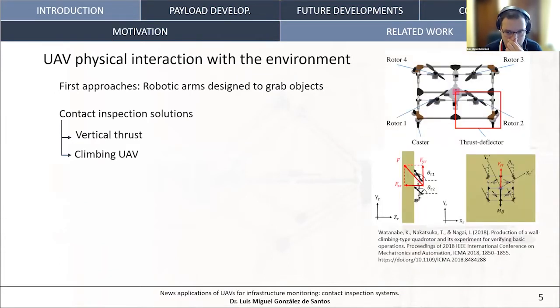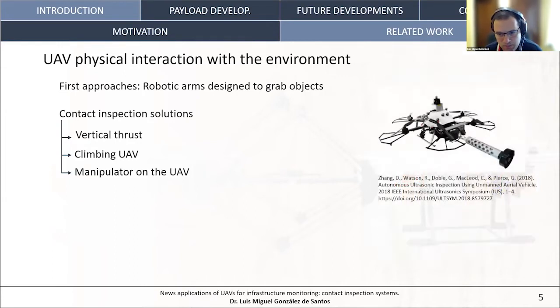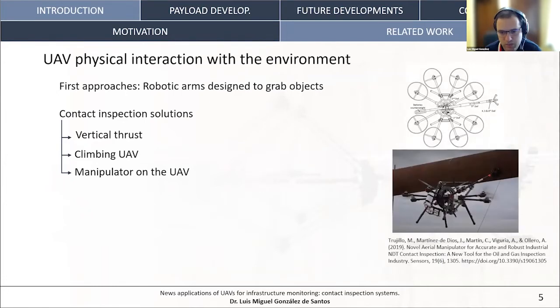But the most common solution is the installation of a manipulator in the UAV with systems as simple as this one, which is composed by one linear passive joint, and other more complex systems as this one, with a manipulator with 6 degrees of freedom, where all the joints are active.